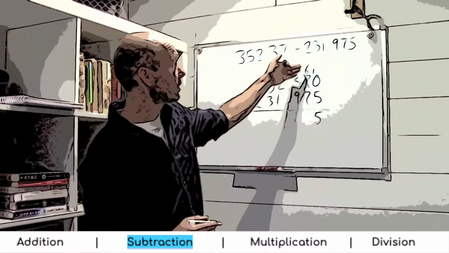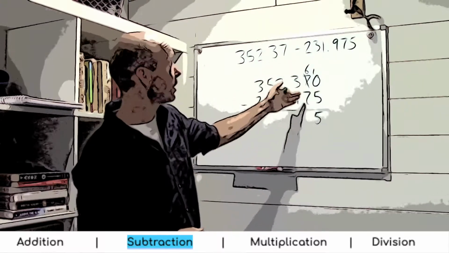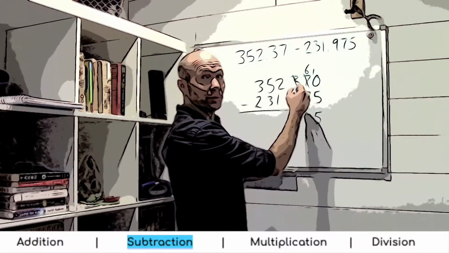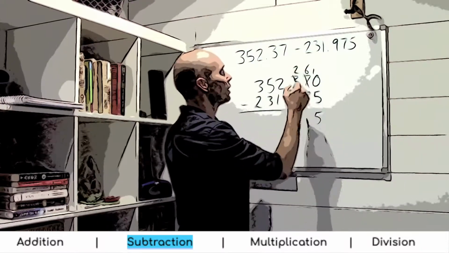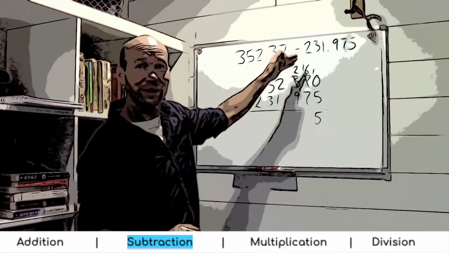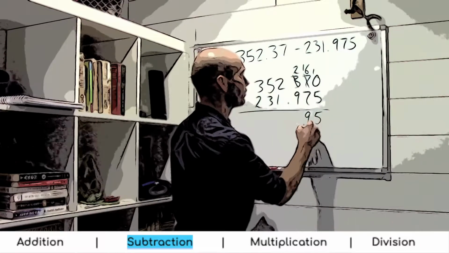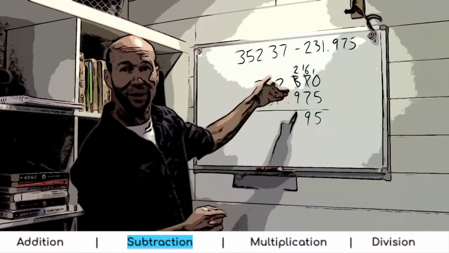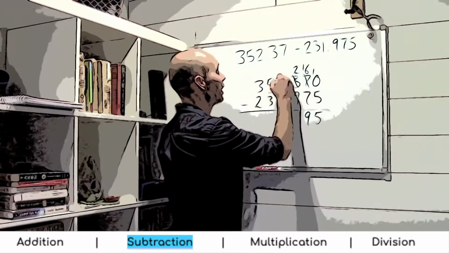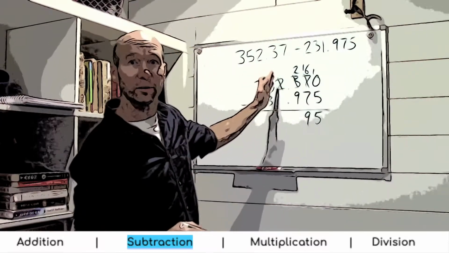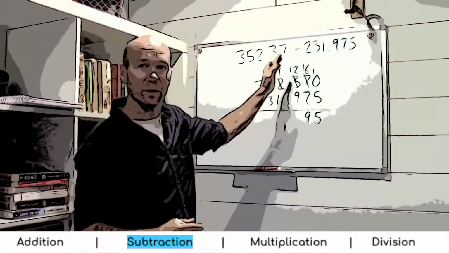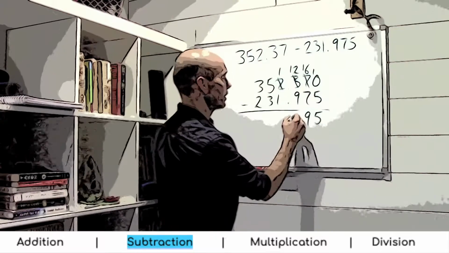I can't subtract 6 minus 7, so I'm going to take 1 from the 3 and make that a 2, and bring my 1 over here. 16 minus 7 is 9. Again, I can't subtract 9 from 2, so I'm going to take 1 from the 2, make that 1, and now I have 12. 12 minus 9 is 3.